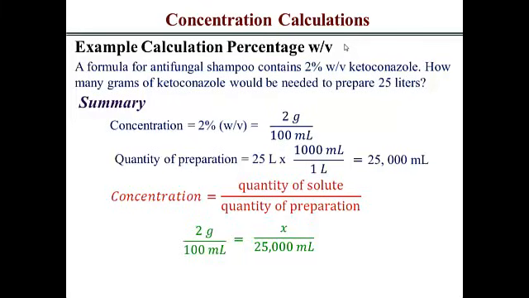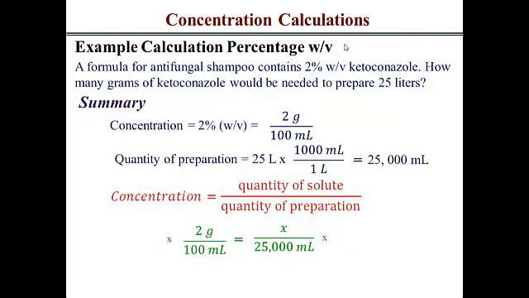So we put in our concentration information, 2 grams in 100 ml on the left, and that should be equal to the quantity of solute divided by the quantity of our total preparation, which is 25,000 milliliters.